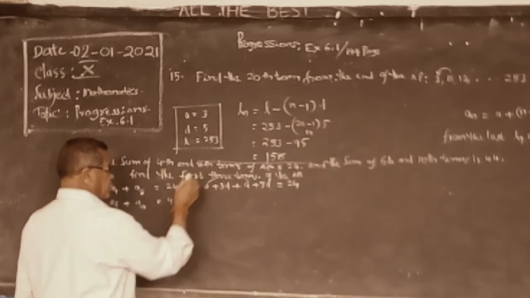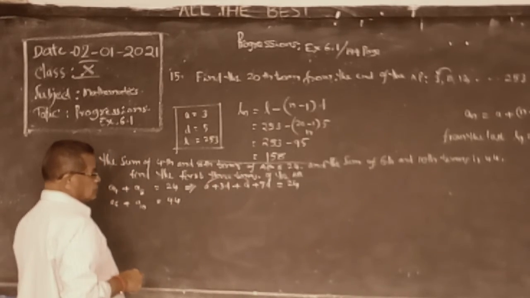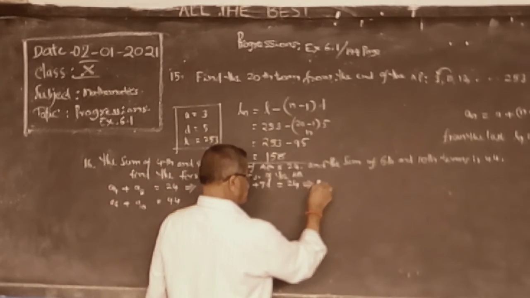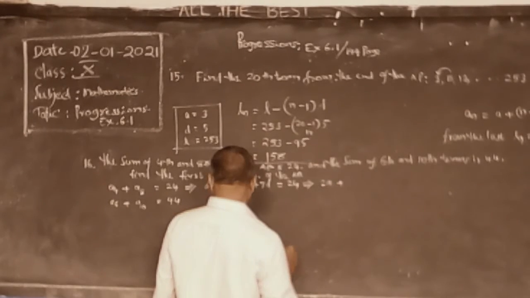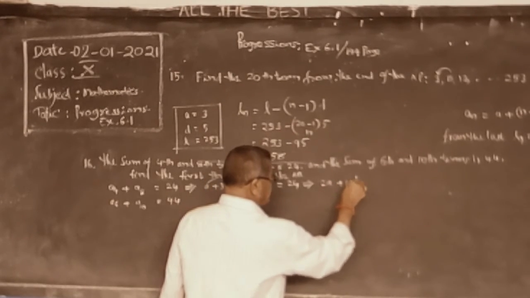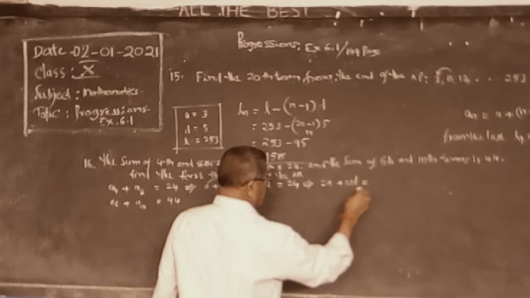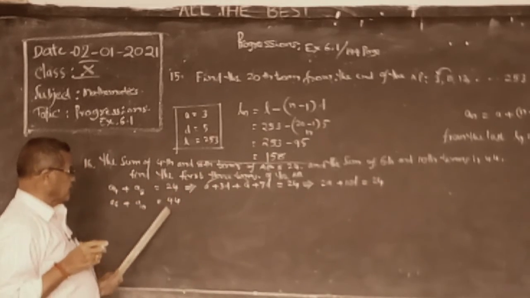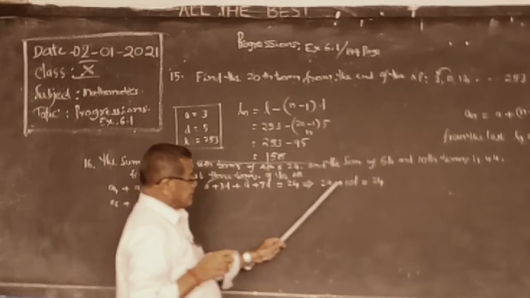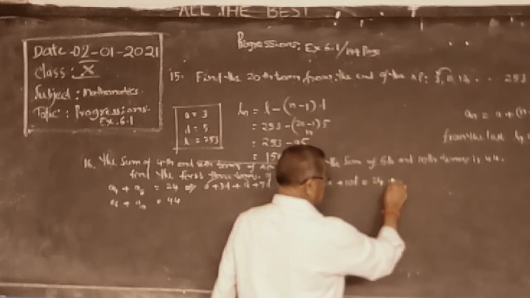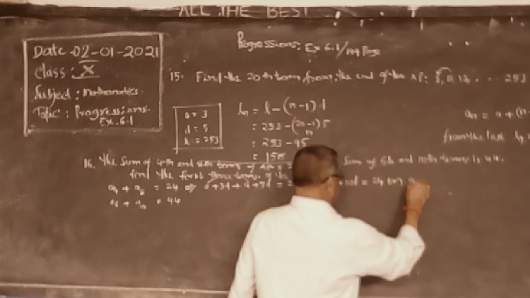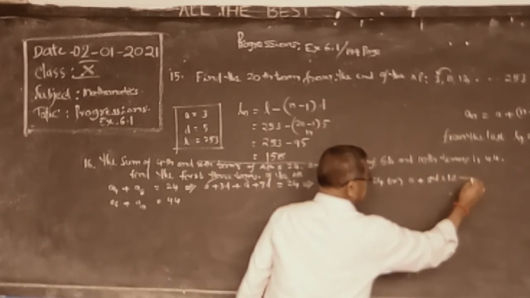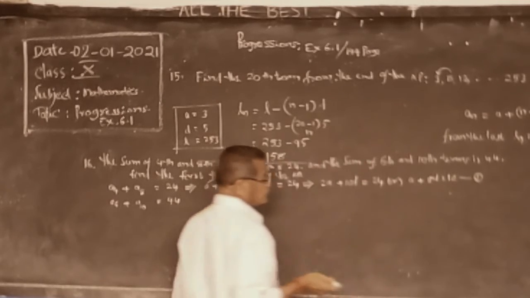A plus A, 2A plus 10D is equal to 24. Taking 2 common, A plus 5D is equal to 12. Say this is equation 1.